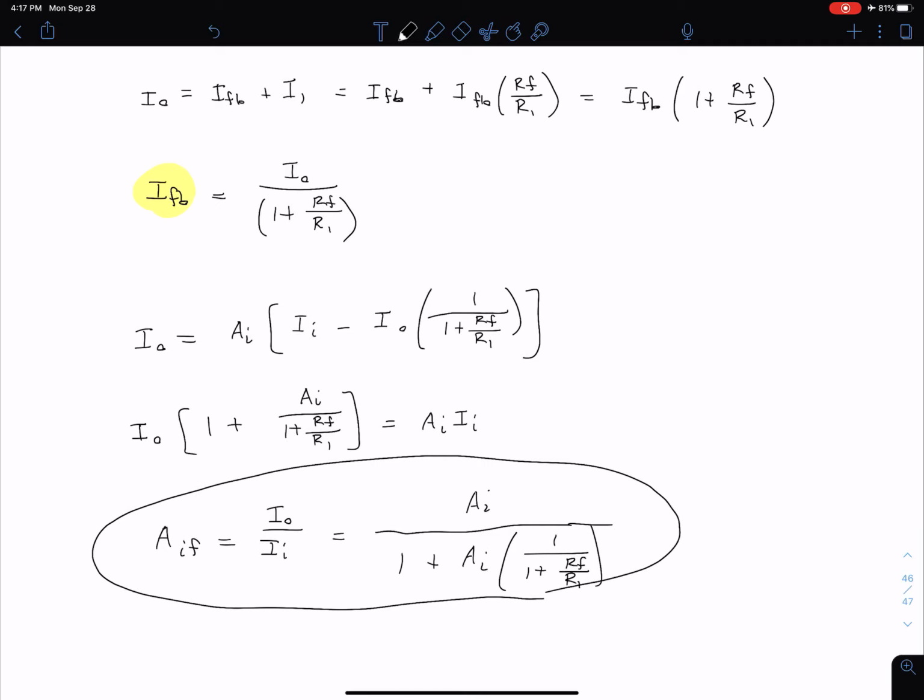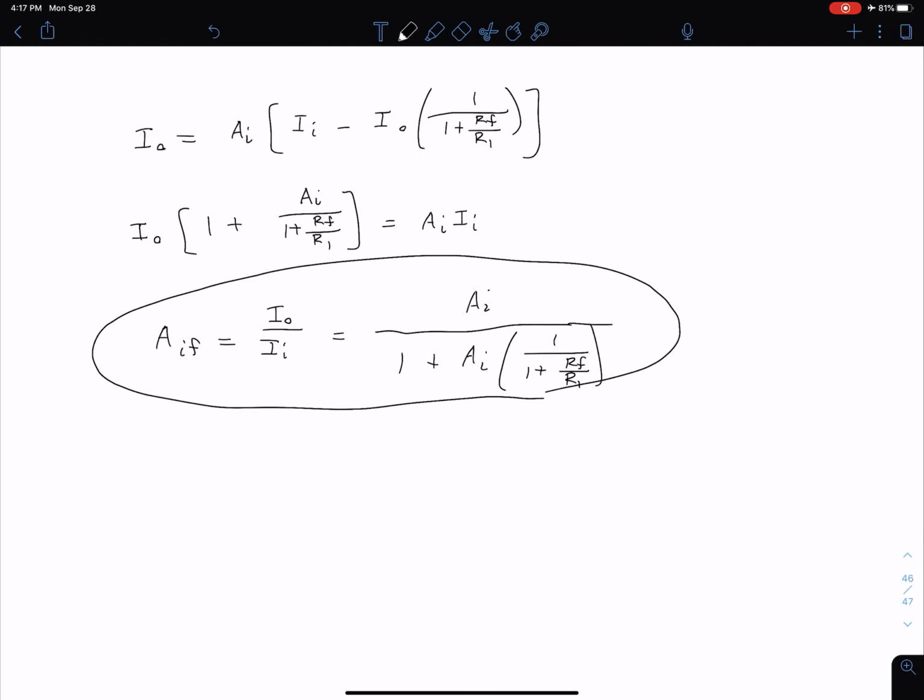And so if we compare this to our ideal form, we see it's actually the same as our ideal form, which hopefully is no surprise. Hopefully we saw that coming. And from inspection, we can see that our beta sub I is going to equal 1 over 1 plus RF over R1.